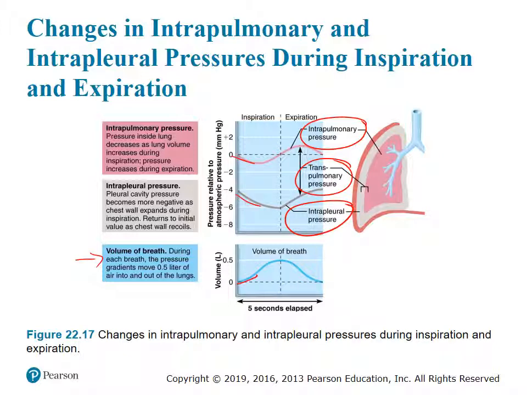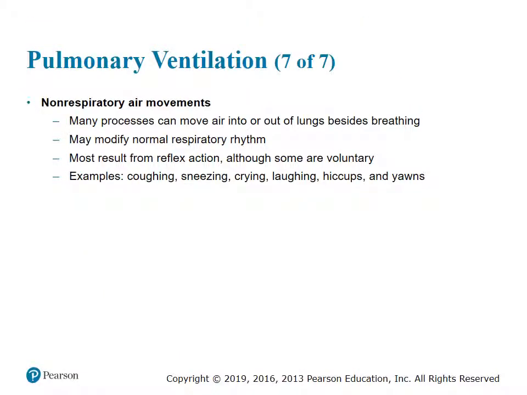So when intrapulmonary pressure goes down and interpleural pressure goes down, volume starts going up, and the opposite is also true when intrapulmonary pressure goes up and interpleural pressure goes up, volume's going to go down, right? So you see that on the left of the graph and the right of the graph. Okay.